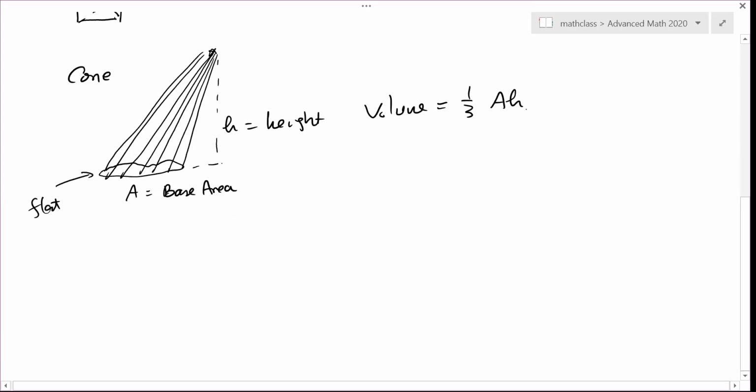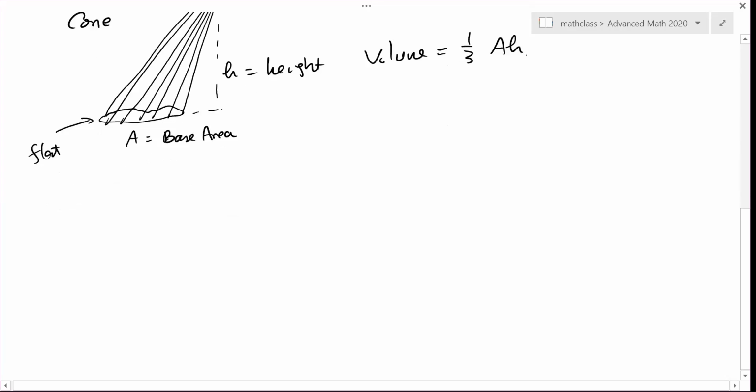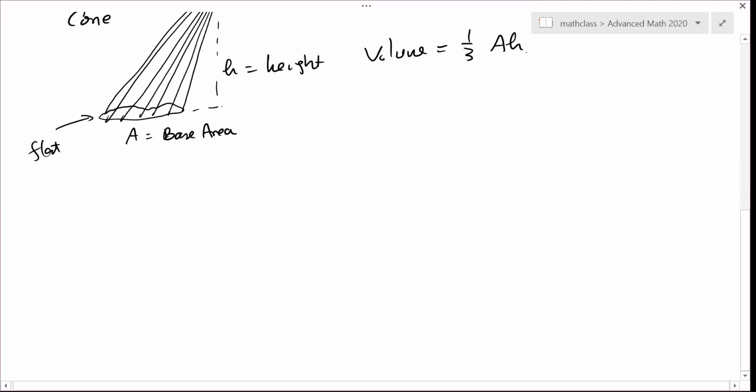Now, if it's not a flat base, it's a little bit more general. If the base is a portion of a sphere, and the point is the center of the sphere, then you also get some kind of cone, a spherical cone.